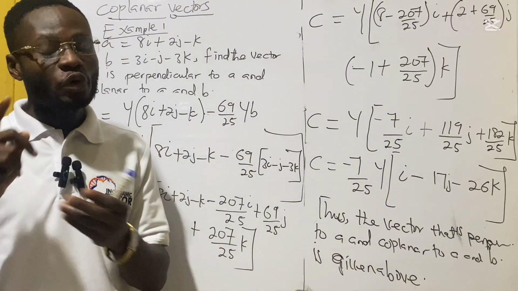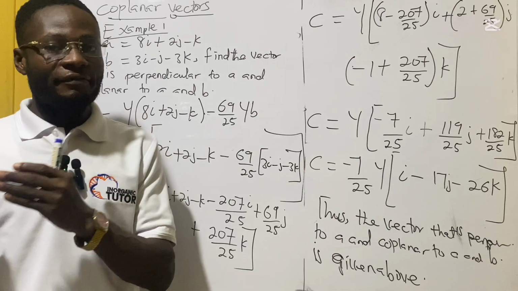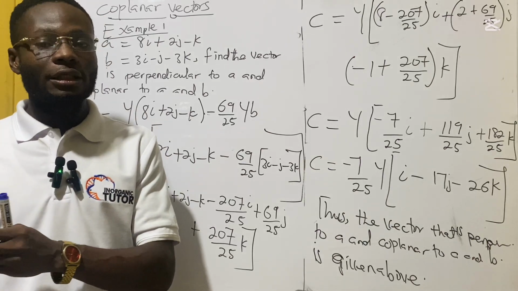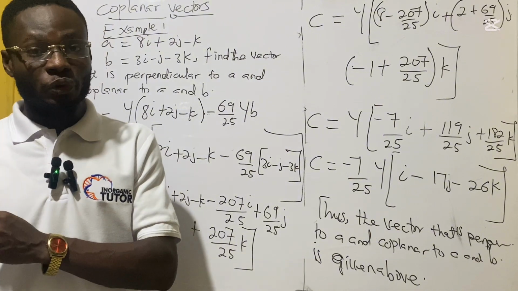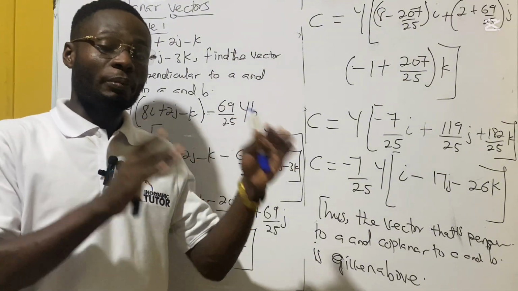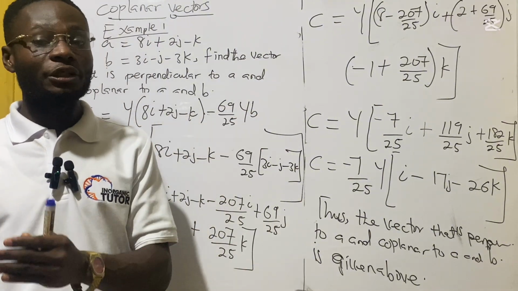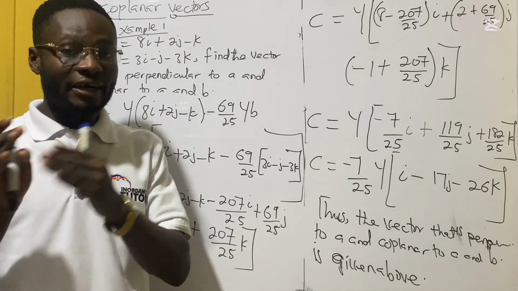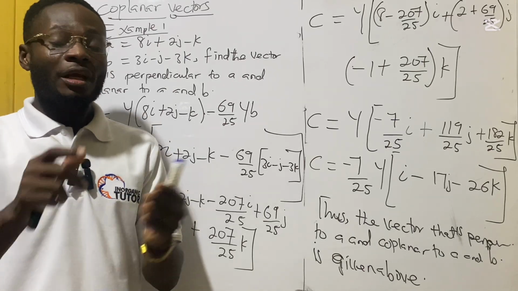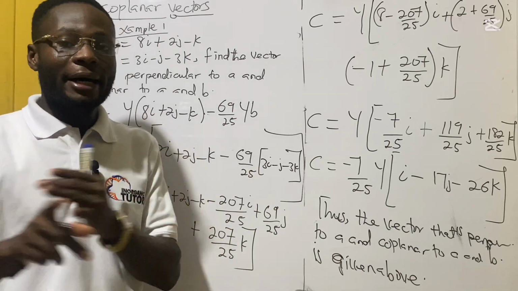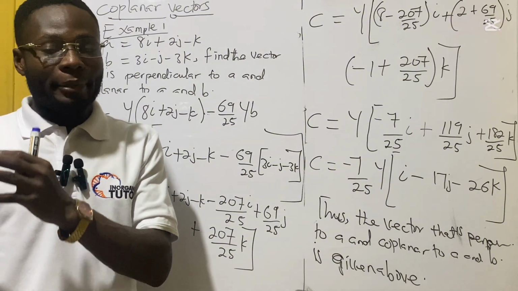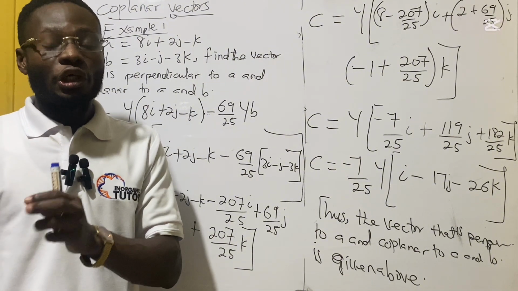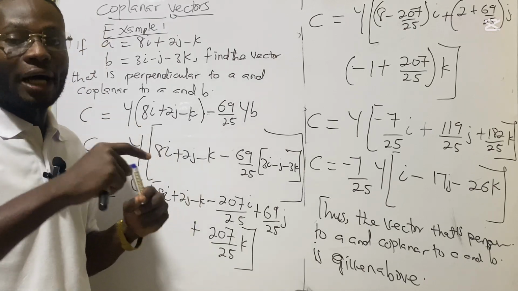First of all, note that if a vector is perpendicular to A, meaning that C dot A is equal to 0, and if it is coplanar to A and B, then you can say that there is a vector that is equal to, when you multiply a scalar by the vector given plus a scalar by the other vector given, it should be giving you an equation.